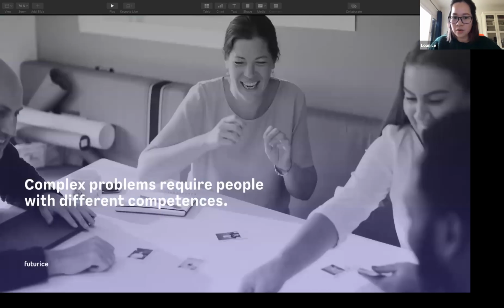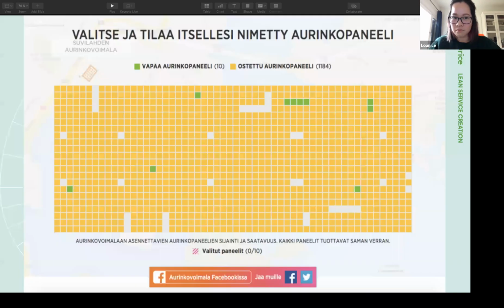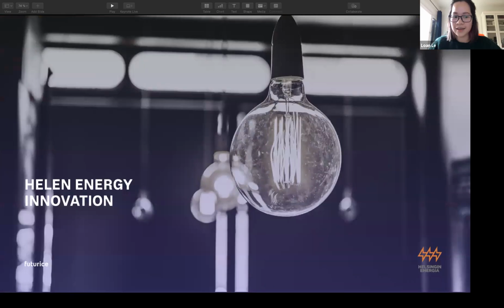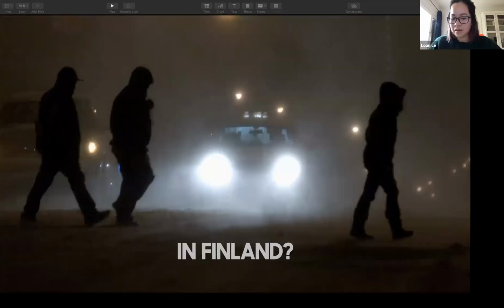But if we look back at the Helsinki Helen innovation project, the clear problem they had in the beginning when they came to us is that they are a very traditional company, and the world is changing.